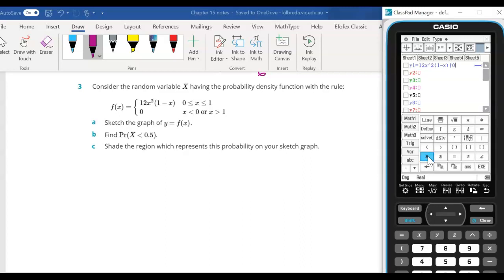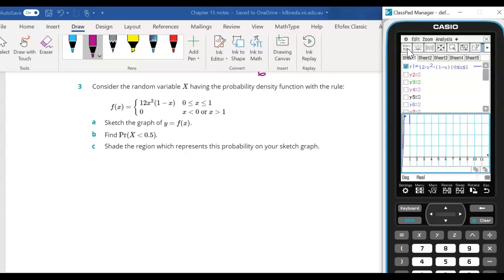Then we'll tick it and we'll graph it. Now, if you can't see it, which is a bit weird there, let's just go to zoom, or is it auto?